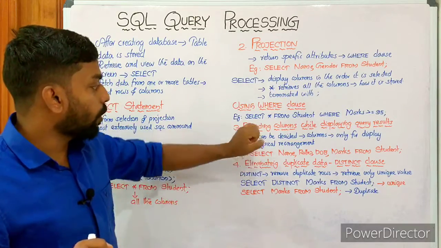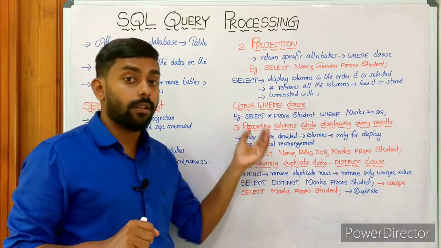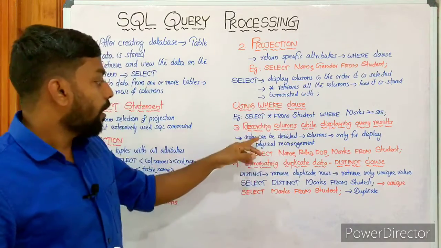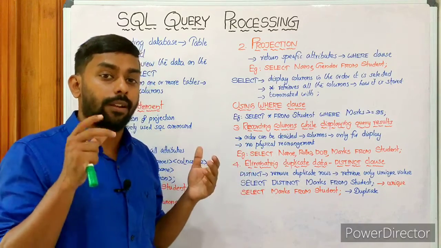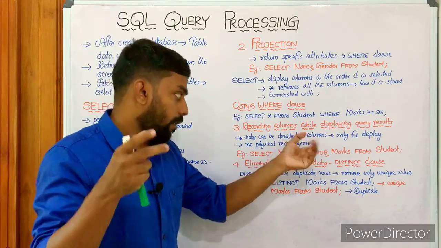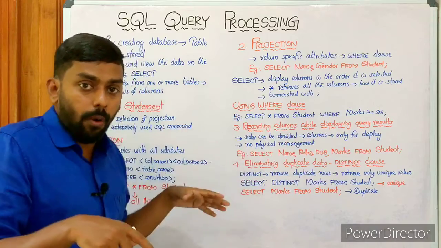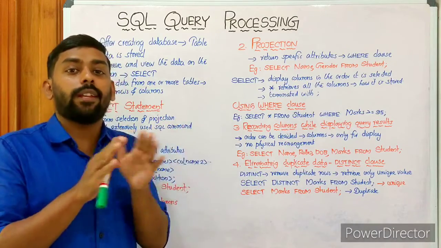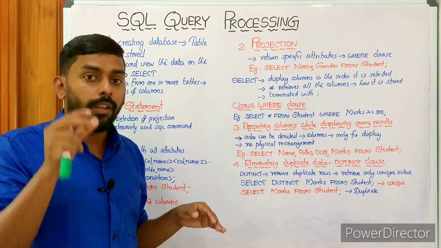Now we can move on to reordering columns while displaying query results. It means the order can be decided. The user or the programmer can decide the order in which it is displayed. Okay, the order of the columns. And only for display, as I have already told you, select does not make any change in the physical structure of a table.